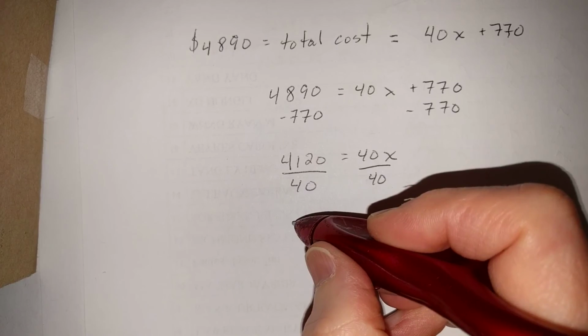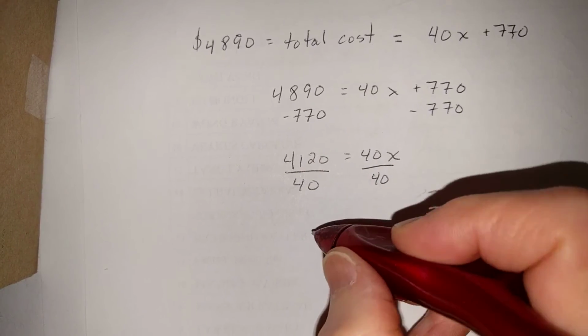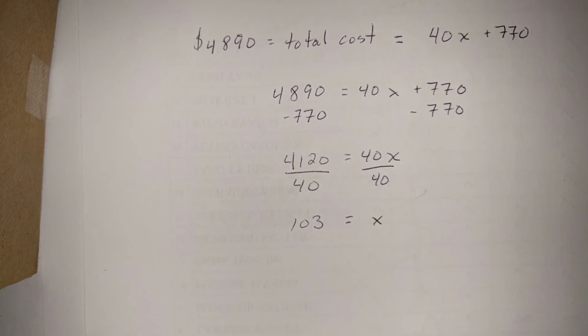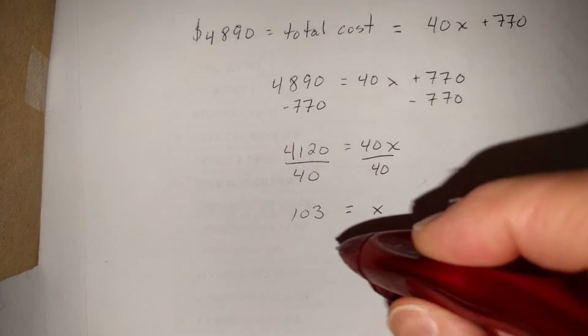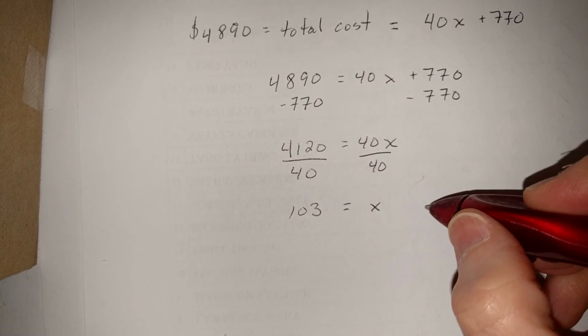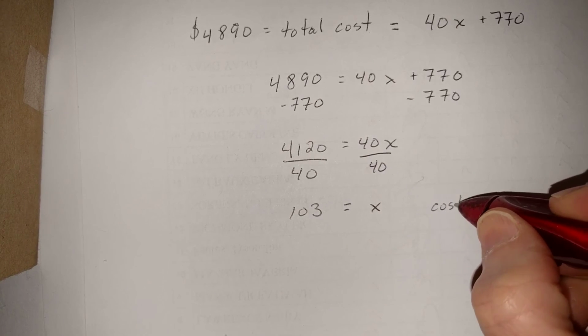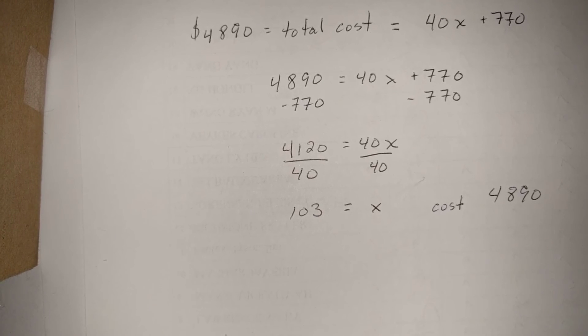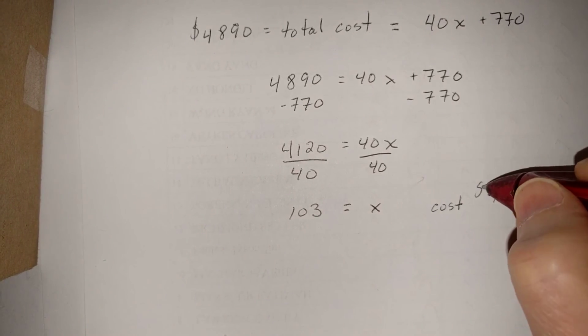I get x equals 103. So I made 103 lamps at a cost of $4,890.